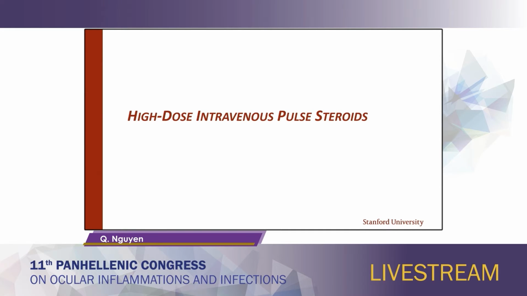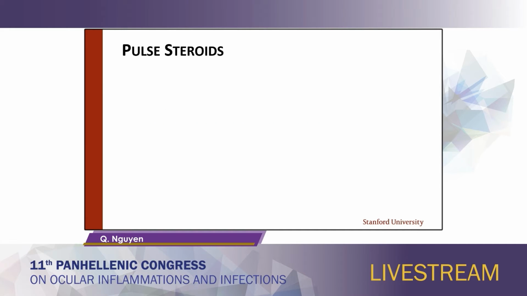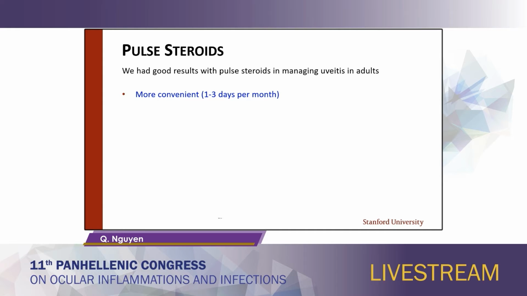At this time, we highly considered the use of high-dose intravenous pulse steroids. Pulse steroids have been found to be effective in a number of our patients previously. We have had good results in managing uveitis with high-dose pulse steroids in adults. They are more convenient because we usually only give them 1 to 3 days per month.